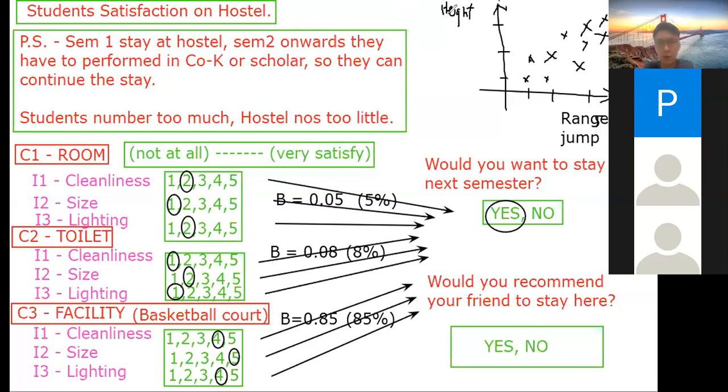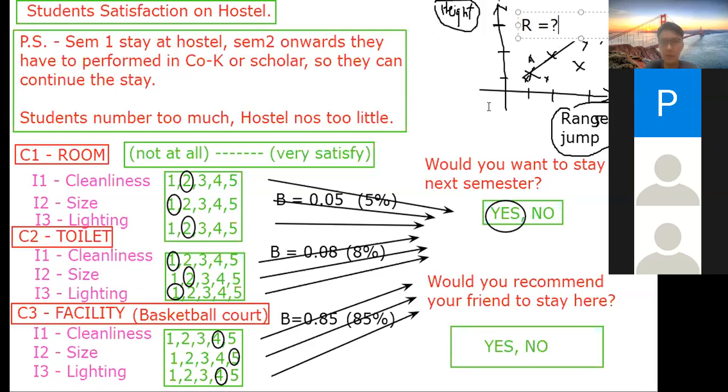Your teacher asks you to use one item, height, and another item, range of jump. Then he said, if you are very tall, you jump very far. If you're not tall, you jump very near. Then he asks you to draw this line, and you get an R value.